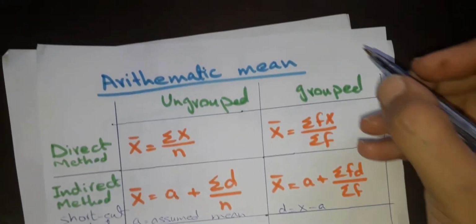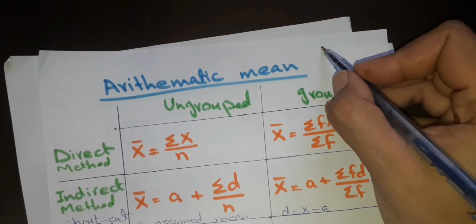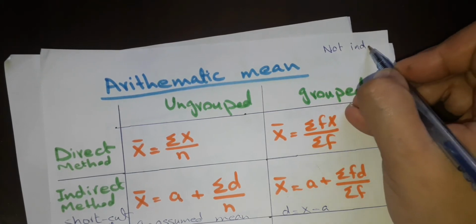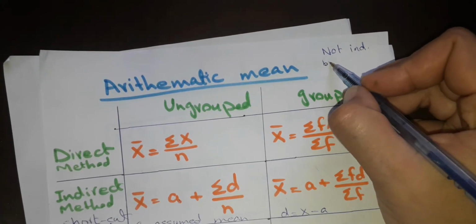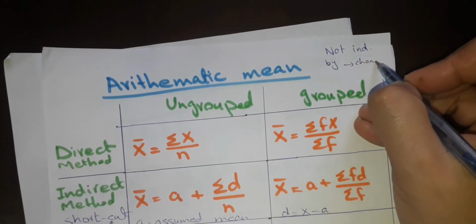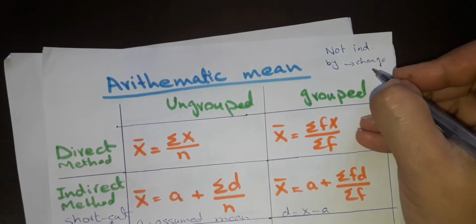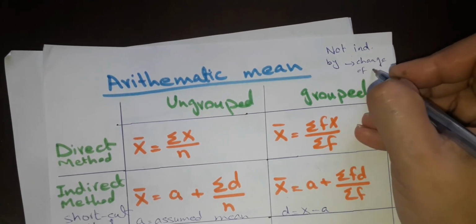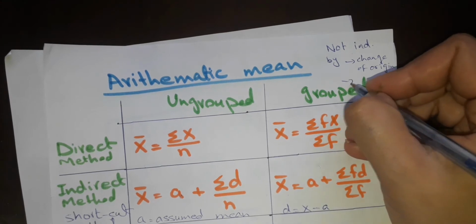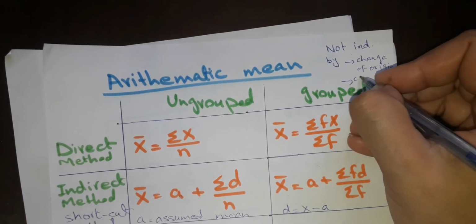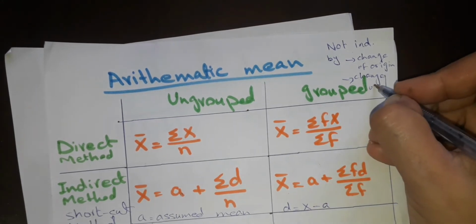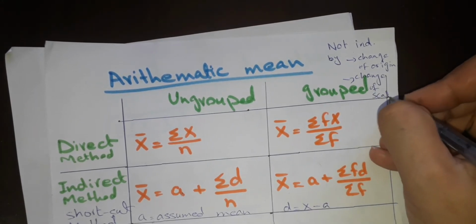And arithmetic mean is not independent of change of origin and change of scale.